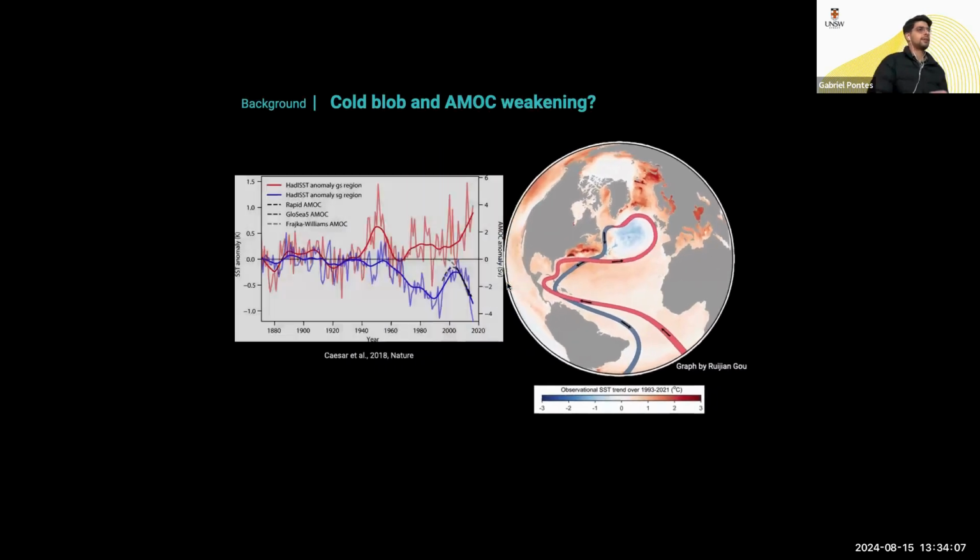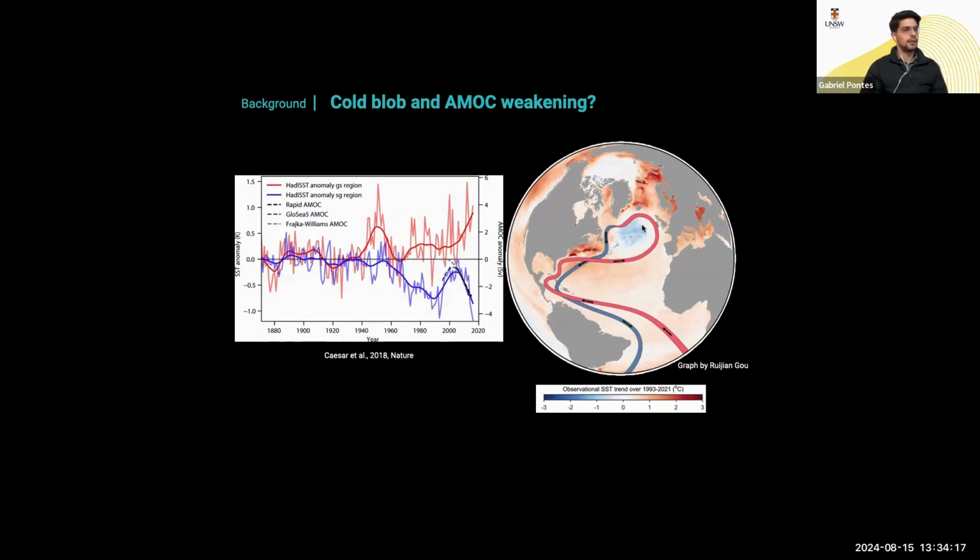The study that has tried to assess this created two metrics, one that measures the warming of the Gulf Stream and the other that measures the cooling of the subpolar gyre. And if you look at this graph, they are related to one another. But one caveat to looking at the North Atlantic is the multi-decadal variability of the North Atlantic, because we do have quite strong decadal variability there.